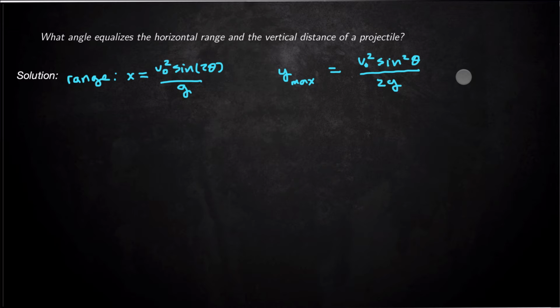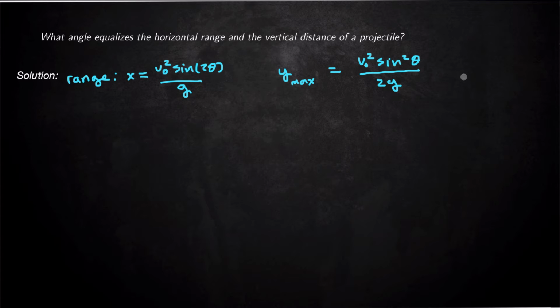Theta is the angle you launch at, and v0 is the initial speed you give the projectile when you launch it. Now, you can go back and check out how we derive these. I have a lecture where I go through this from being online last year, and you can check out how I get these equations.